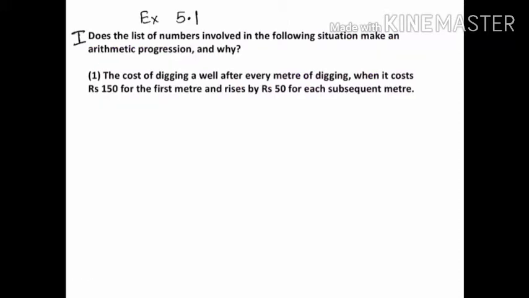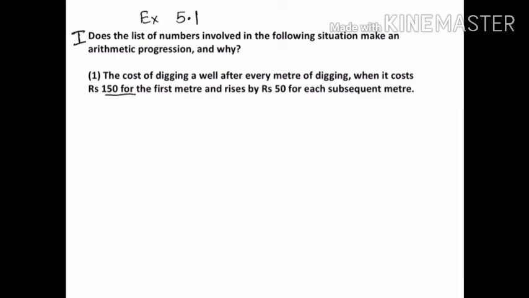With this knowledge, let us identify whether the given situations are AP or not. This example is from exercise 5.1, question number 1. The cost of digging a well after every meter of digging, when it costs rupees 150 for the first meter and rises by rupees 50 for each subsequent meter.